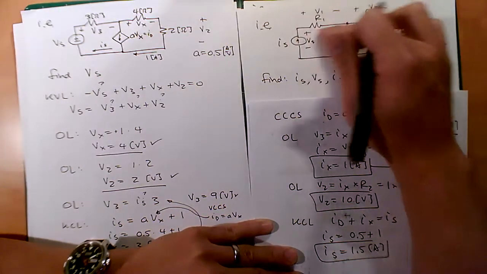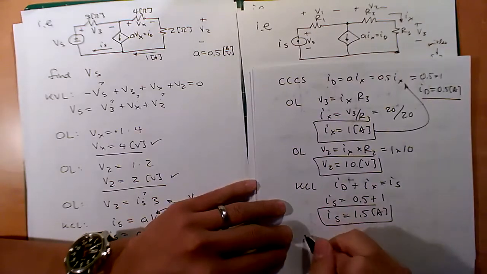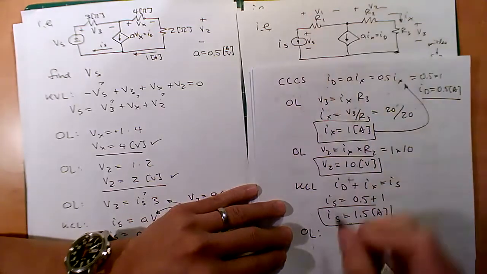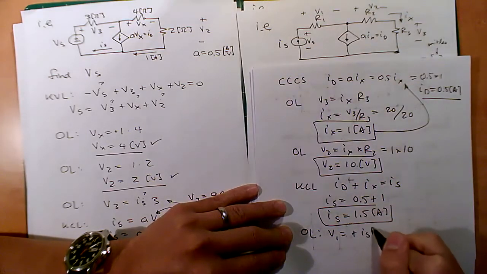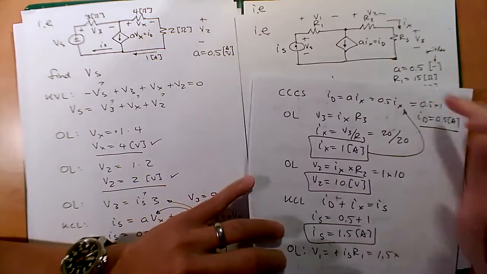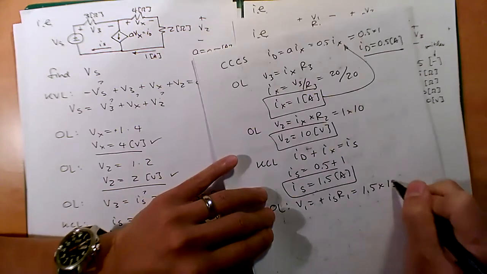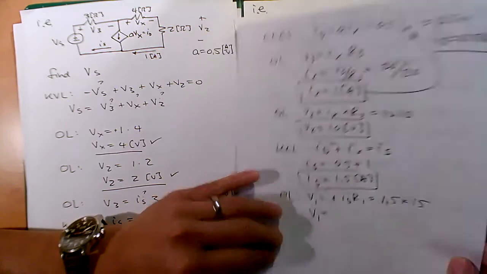And the last thing we have to get is that Vs. So what do we need? We can do an Ohm's law there and do a KVL. So what do we have? Ohm's law. So this one, V1 is equal to positive Is times R1. Is is 1.5 times R1. It was given 15, good. So V1 is equal to 1.5 times 15. What's that?